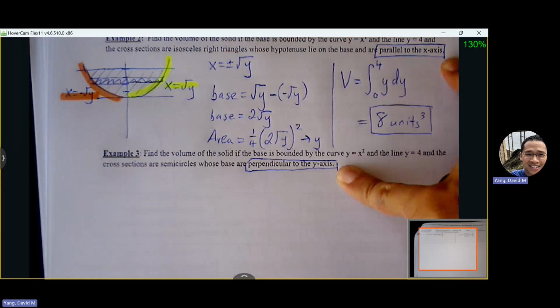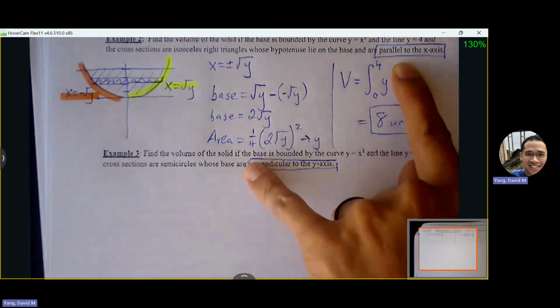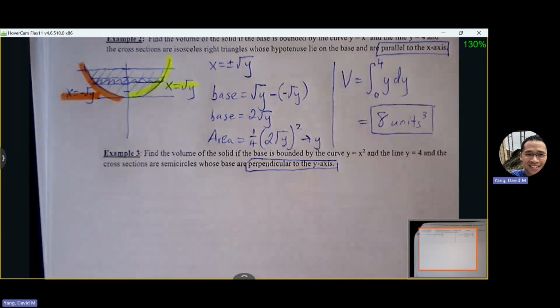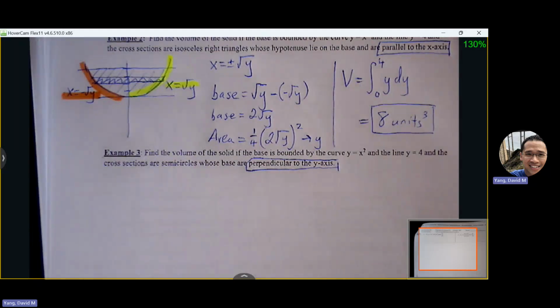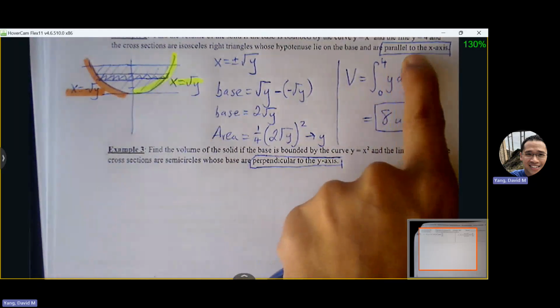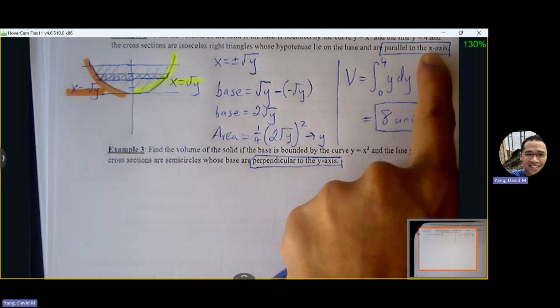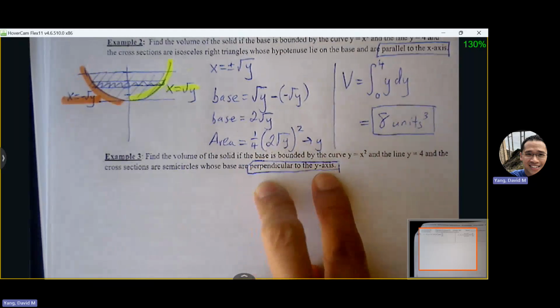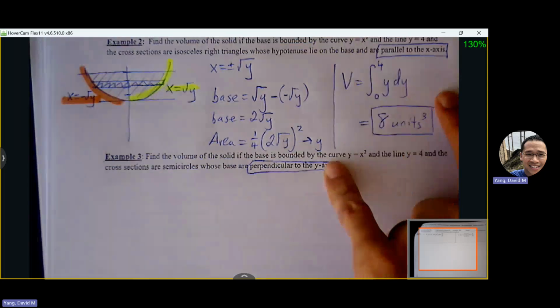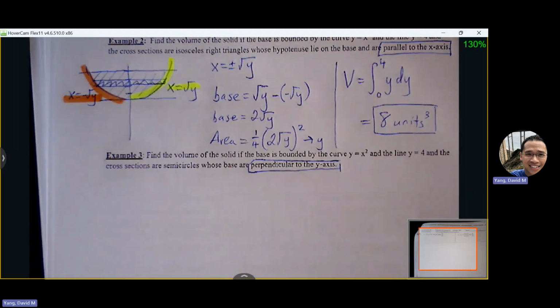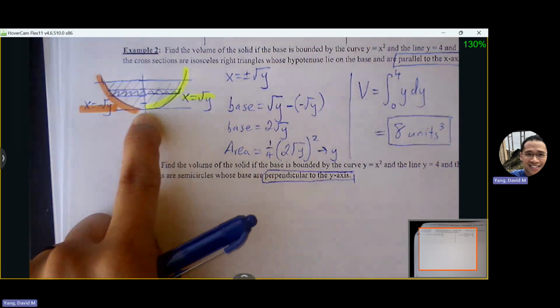We don't want to just look at the word parallel or just look at the x or y axis and assume that it is one orientation or the other. Make sure that you're paying close attention to the wording, because there are 2 ways to say horizontal and 2 ways to say vertical. So perpendicular to the y-axis is still going to be horizontal.